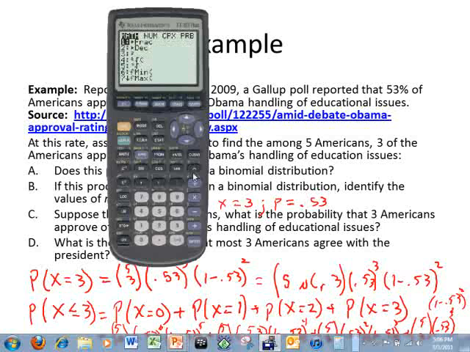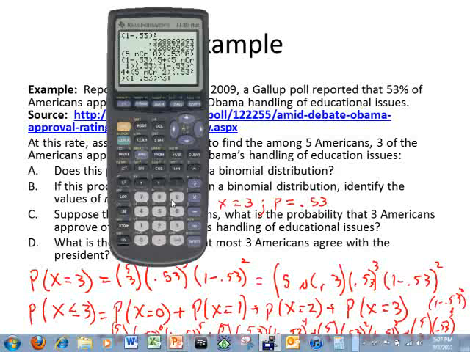Then 5 choose 2, 0.53 squared, 1 minus 0.53 cubed.